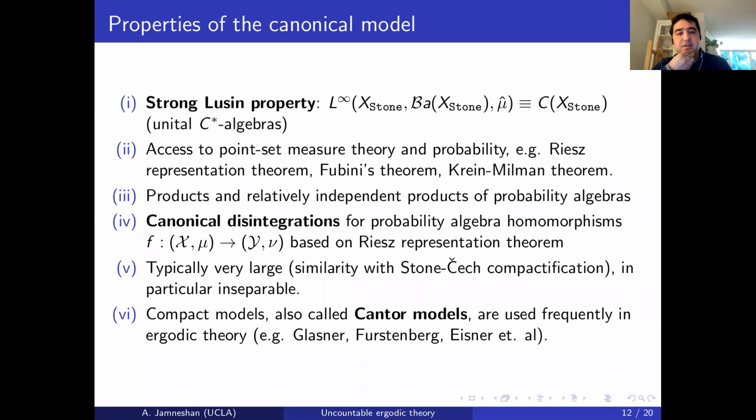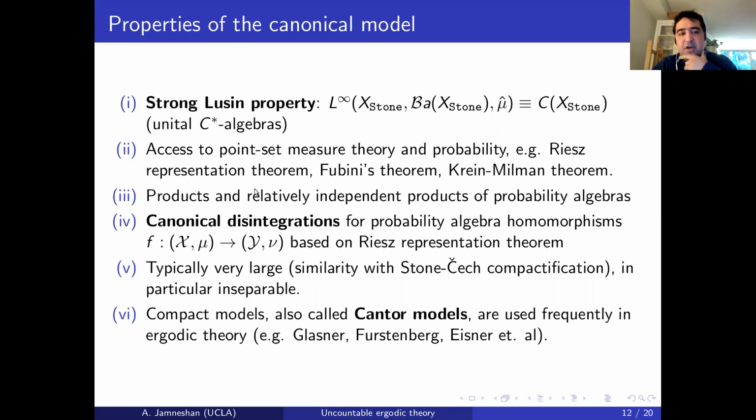So what are some properties of this concrete model? One a bit surprising but also nice property is that this concrete model satisfies what we call the strong Rosen property. So the L infinity space over the Stone space is equivalent: to any equivalence class of bounded measurable functions, there corresponds exactly one continuous function on the Stone space, and this equivalence is actually an equivalence of C-star algebras.